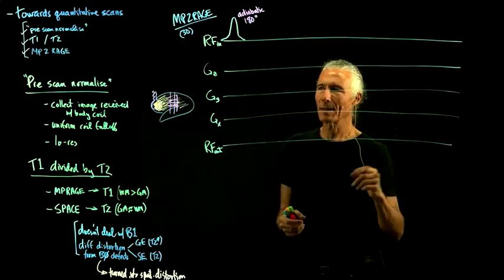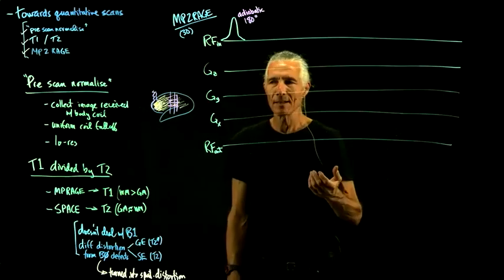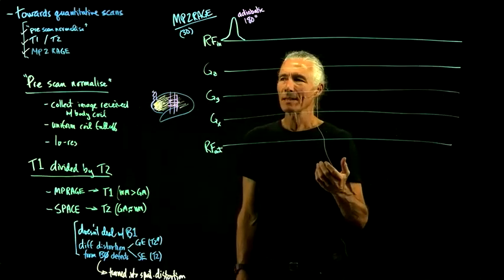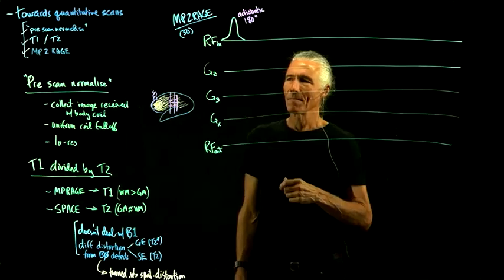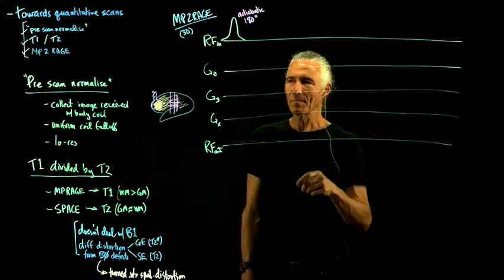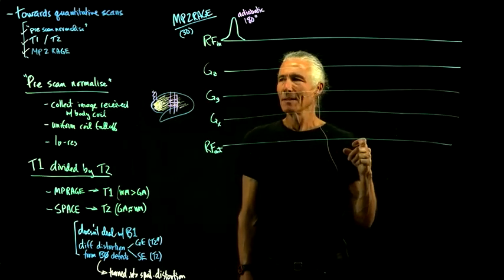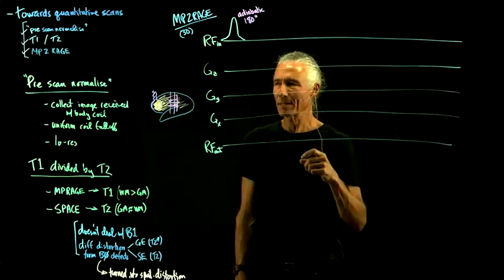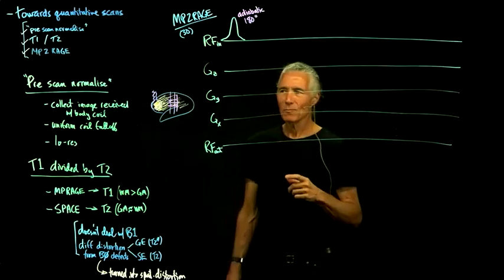We'll talk about that a little later, but that's one way of causing an inversion in the magnetization: slowly ramp the frequency, so start off resonance, come through resonance, and then go off resonance in the other direction. Surprisingly, that will do a really good 180.